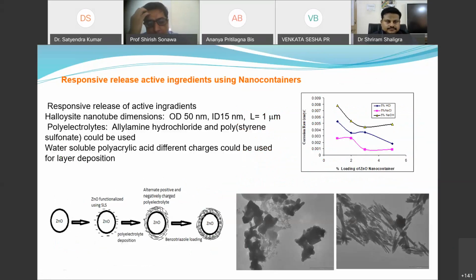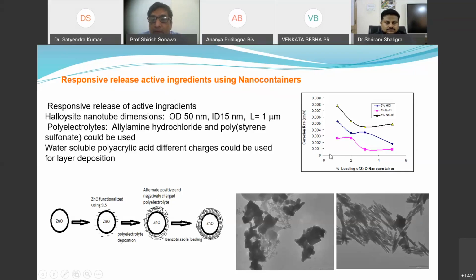But if you want a spherical structure, we can take, let's say, zinc oxide and functionalize it. Surrounding that, we can carry out layer by layer assembly using the ultrasound methodology, in which you put the corrosion inhibitor surrounding it, and we can add it into the coatings again. So based on this layer by layer assembly, as your pH changes, the release is going to happen.